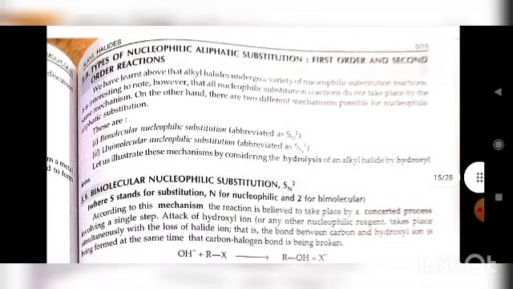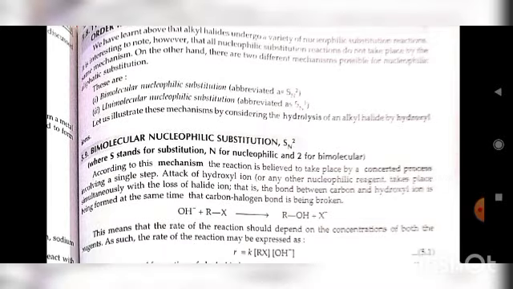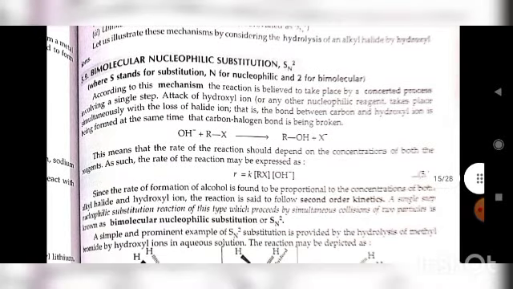Let us illustrate the mechanism by considering hydrolysis of an alkyl halide by hydroxyl ions. Bimolecular nucleophilic substitution, SN2. According to the mechanism, the reaction is believed to take place by a concerted process involving a single step.